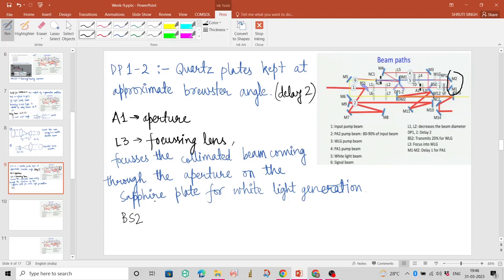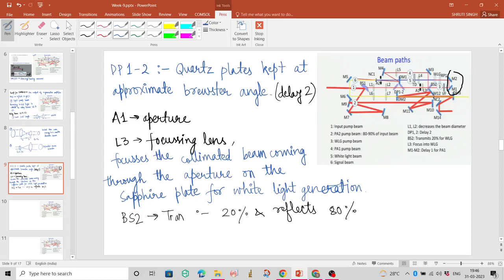So BS2 again transmits 20% and reflects 80%, right? So from this part we will go in this direction first, and the reflected one we will see later.